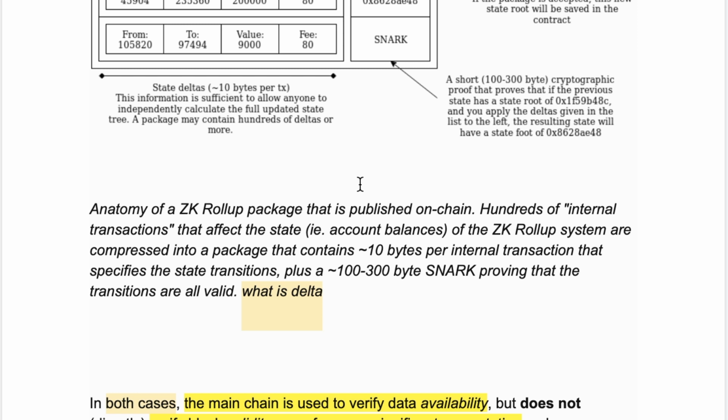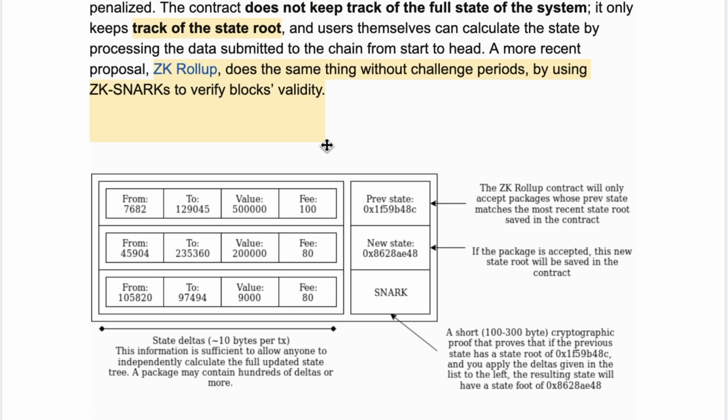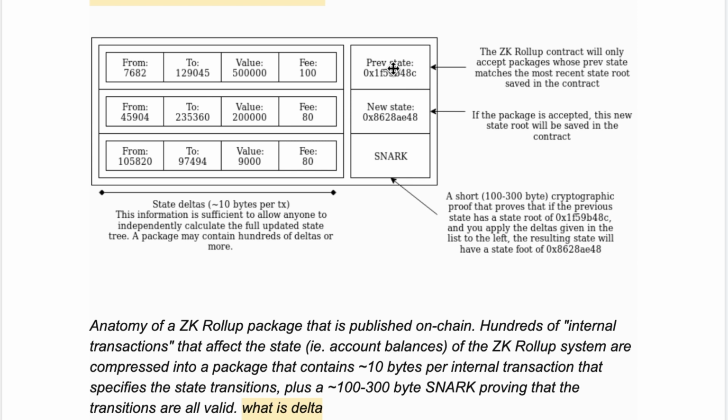And yeah, I probably mutilated that description. I'll link an article below which better explains what deltas are and how SNARK calculations work, and I'm pretty sure that can explain it a lot better than me. But basically, it's zero knowledge rollups using zero knowledge SNARKs to verify the block's validity by using these state contracts.